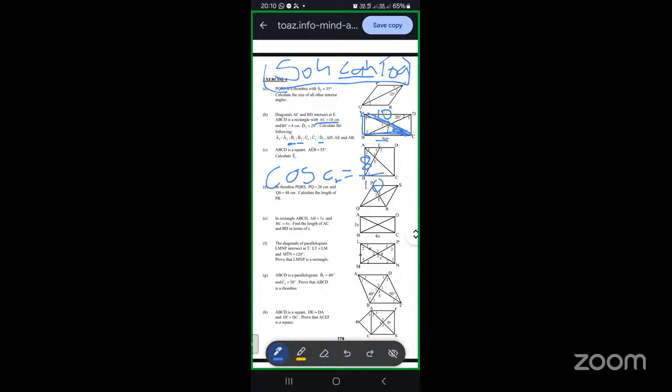I want C2 to be the subject of the formula. Therefore, C2 will be equal to inverse cos of 8 over 10. Can you guys please punch the calculator there if you have any in front of you to get the answer for this? Is there anyone of you guys who would take a calculator?